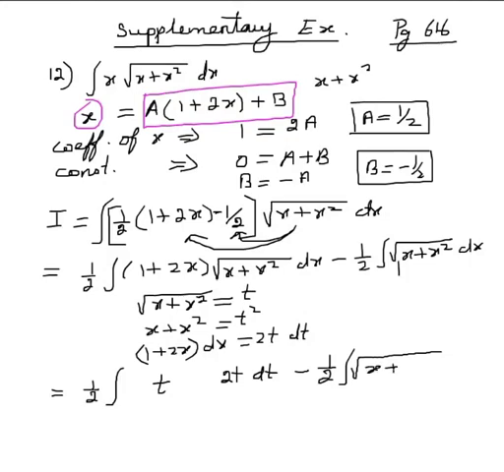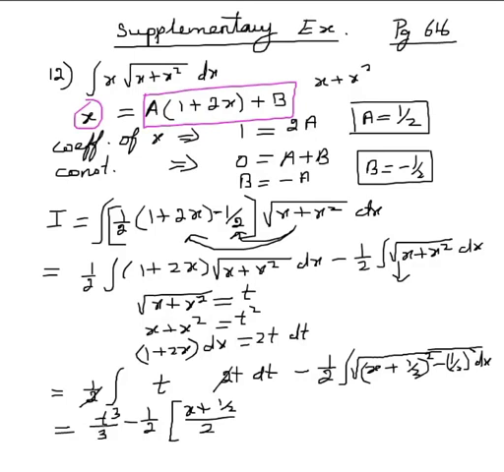So x plus, divide the coefficient of x by 2, whole square minus b square term, and dx. We have t square, integral of t square is t cube divided by 3, minus half into, use the formula, x by 2 root of the same expression minus a square.